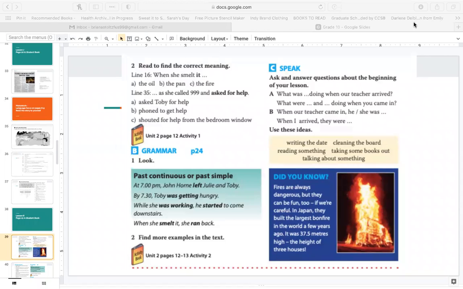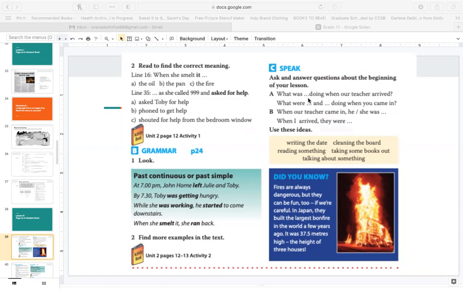Continuing on to part C, this says, ask and answer questions about the beginning of your lesson. So what was someone doing when our teacher arrived? We could say, for example, what was Firas doing when our teacher arrived?